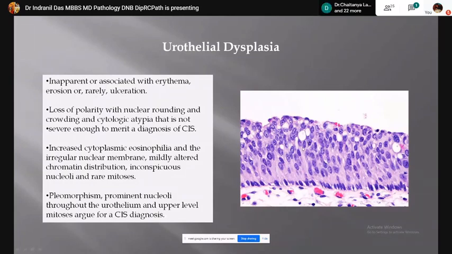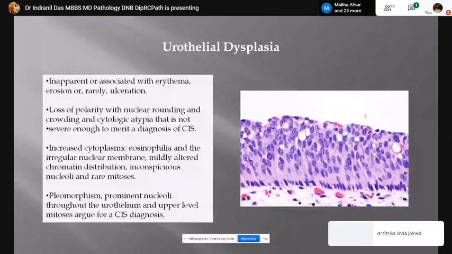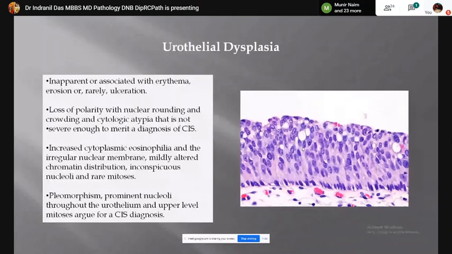But pleomorphism and prominent nucleoli are not seen in urothelial dysplasia. If these are present, the diagnosis of dysplasia should not be made, and it will then be diagnosed as carcinoma in situ.